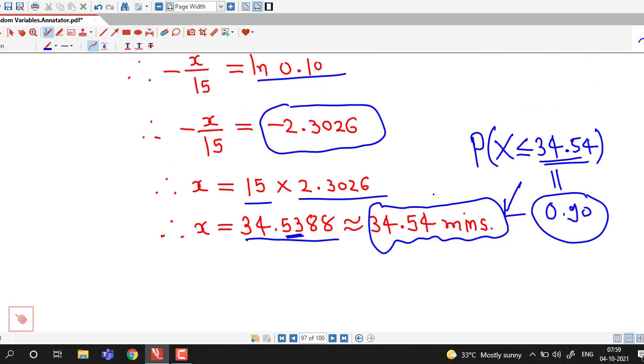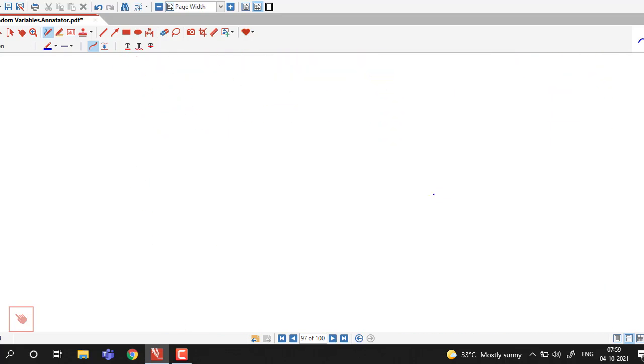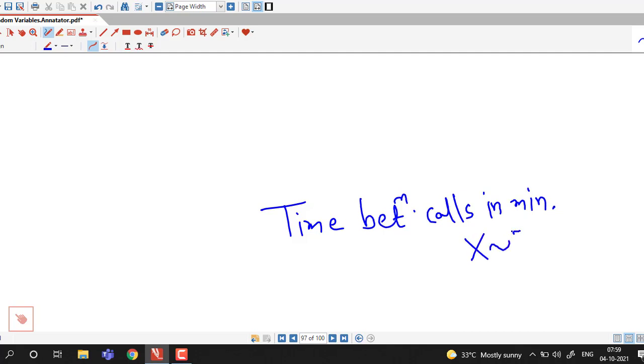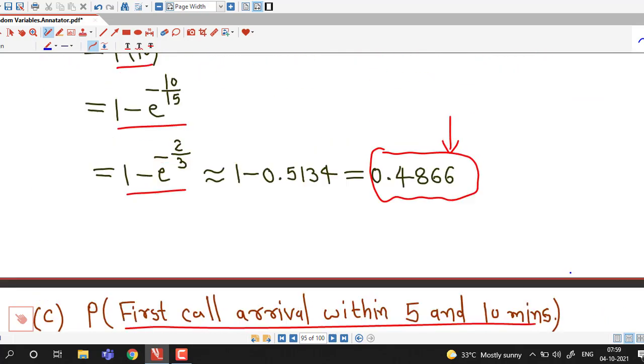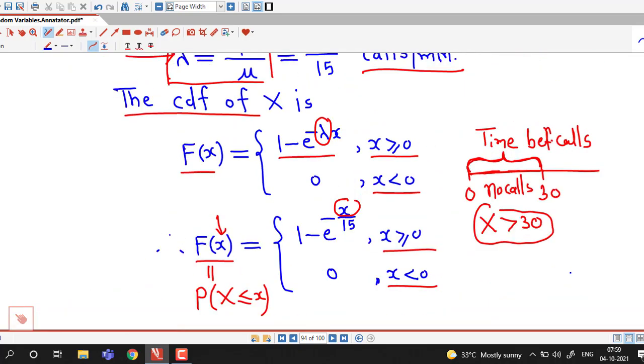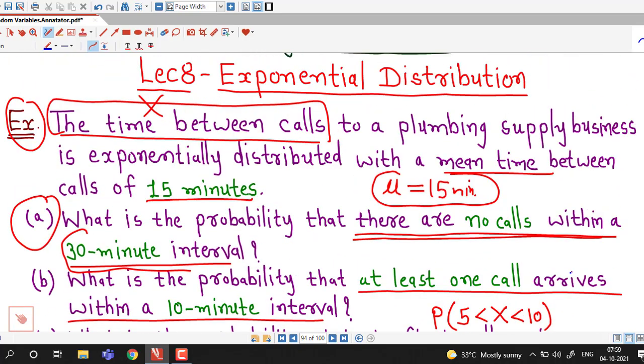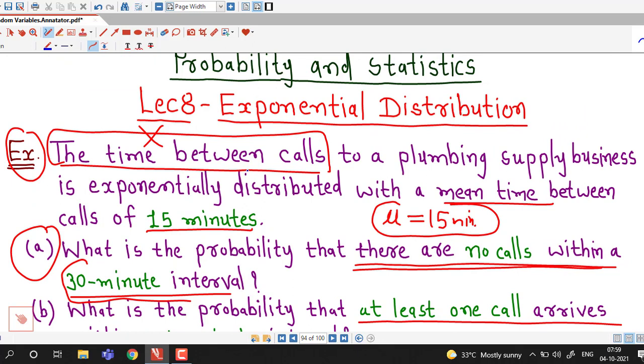In this example we have thoroughly applied the exponential distribution, and the random variable under consideration was the time between calls in minutes. This is an exponential random variable with parameter 1 by 15. In this way you can find probabilities using the exponential distribution if your random variable is exponential. Here it is already given that the time between calls is exponentially distributed.